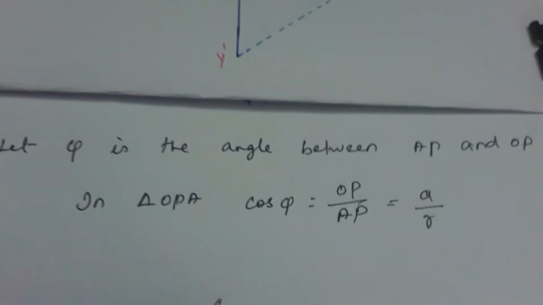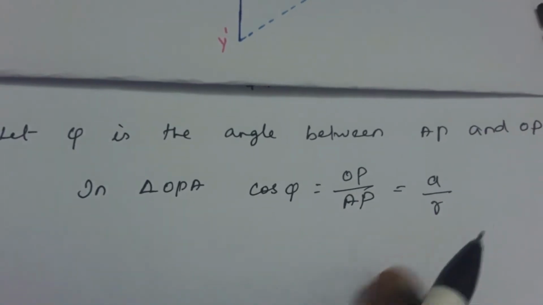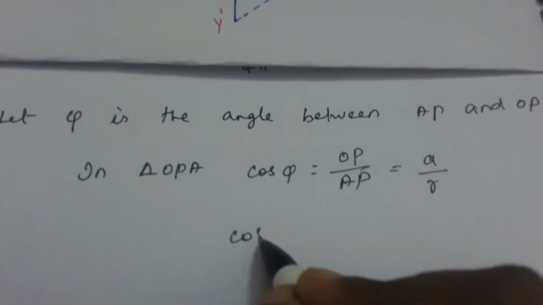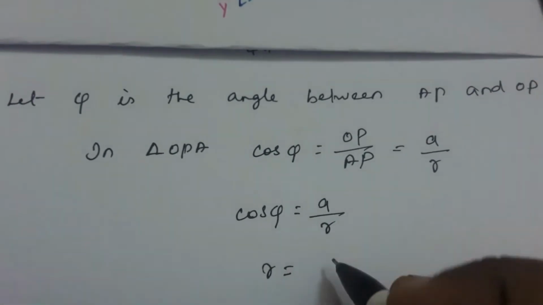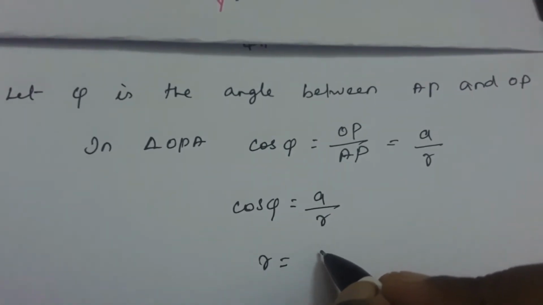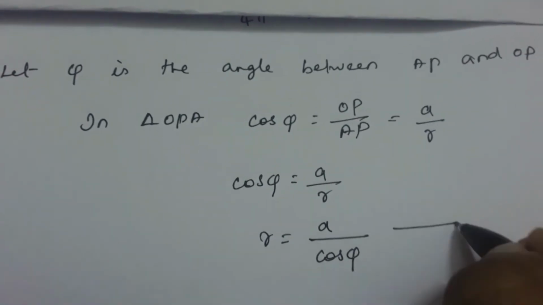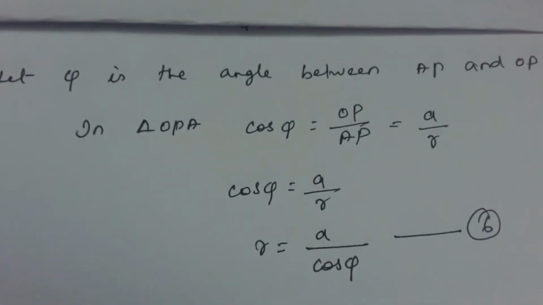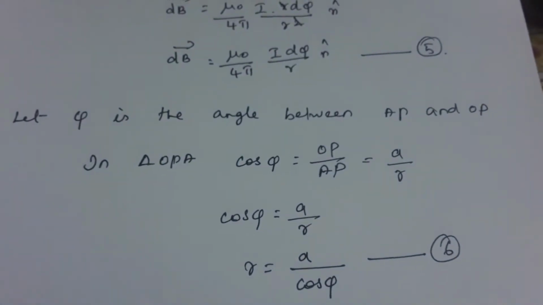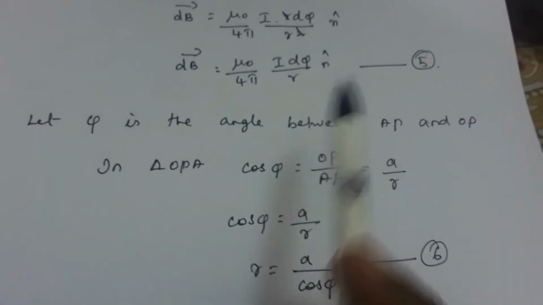So cos phi is equal to A by R, so R is equal to A by cos phi. This I am going to take as equation number 6. Now I am going to substitute equation number 6 in 5.